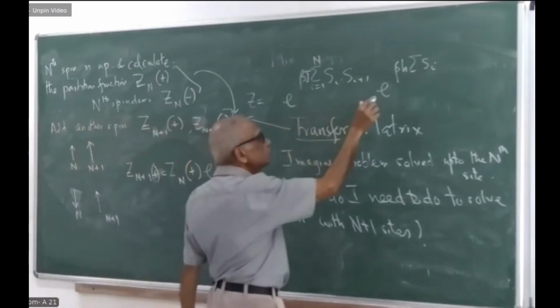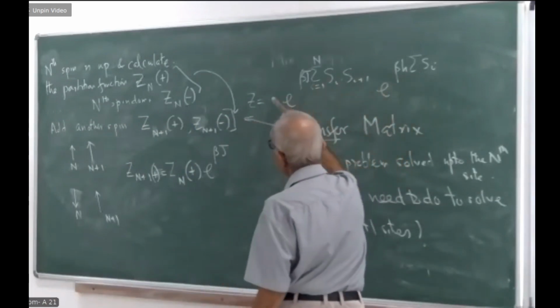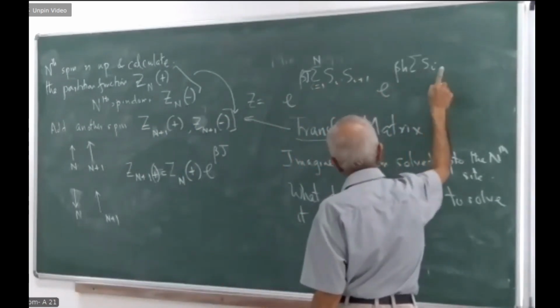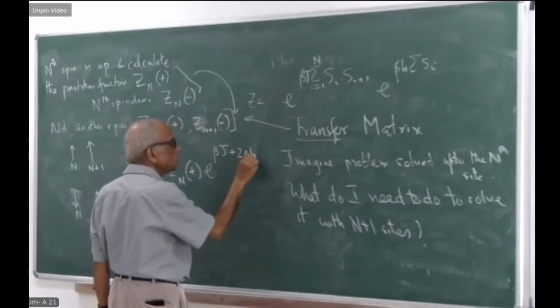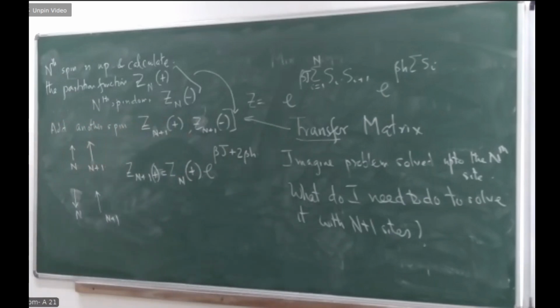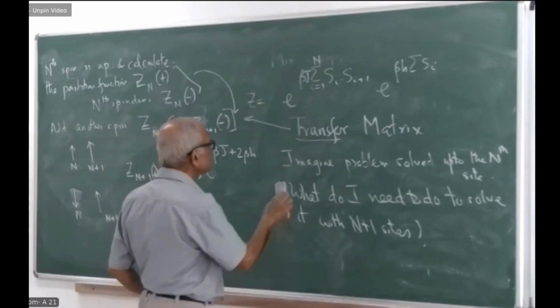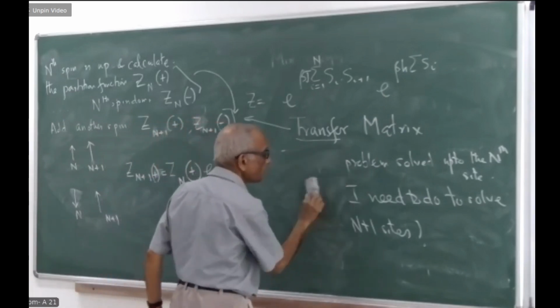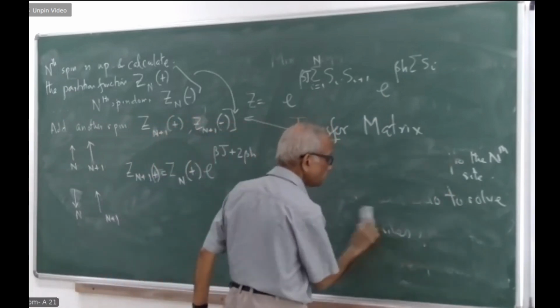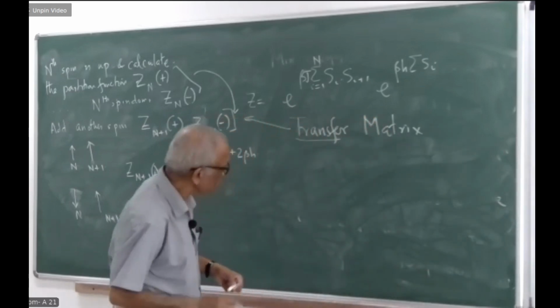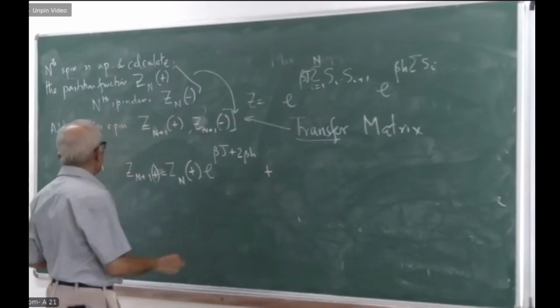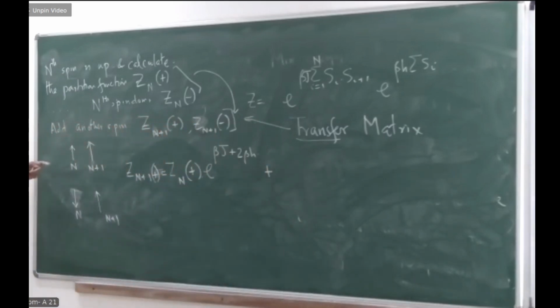Now I come to this term over here. It is n and n plus 1, both are up, and therefore I have 2 times beta h. Now if I plus, it's Zn minus, which is this one over here.